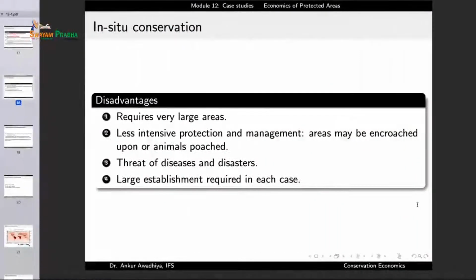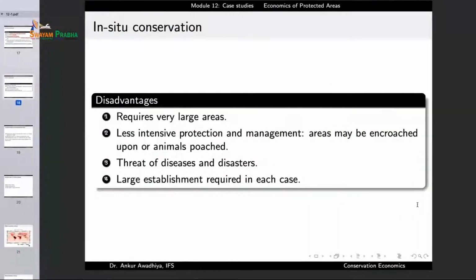And also because in the case of an intensive intervention, it is very easy to keep an eye on each and every animal. Probably you could even make use of CCTV cameras. But in the case of in situ conservation, this becomes difficult because the area is so huge.